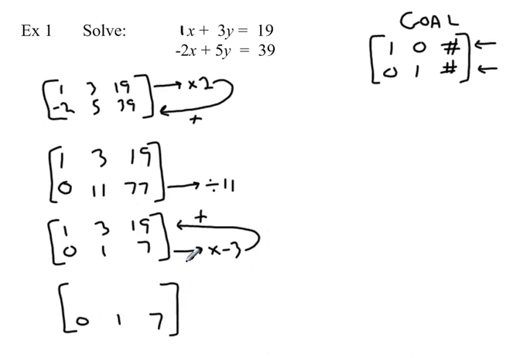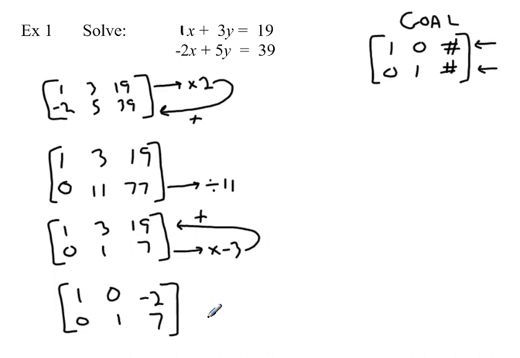If I multiply what's on the bottom by -3, add to the top, I get a new top row. 0 times negative 3 is 0, plus 1 is 1. 1 times negative 3 is negative 3, plus 3 is 0. 7 times negative 3 is negative 21, plus 19 is negative 2.